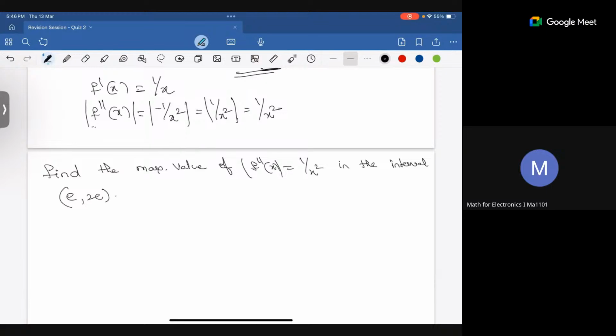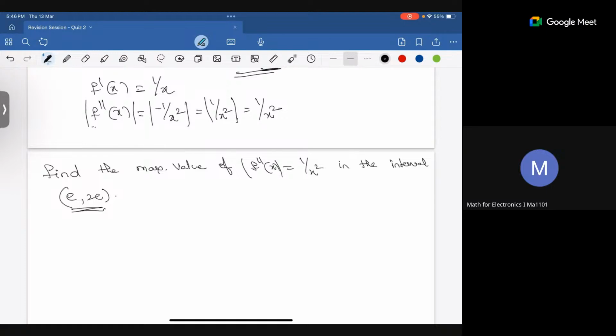Now if you see 1 by x square, as x increases, the 1 by x square value will decrease. It's a decreasing function if you observe that. So in this interval, at x equals e, it has 1 by e square. But as x becomes greater than e, the value will reduce. It will not increase.